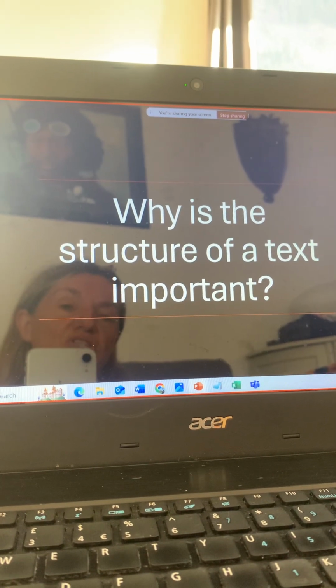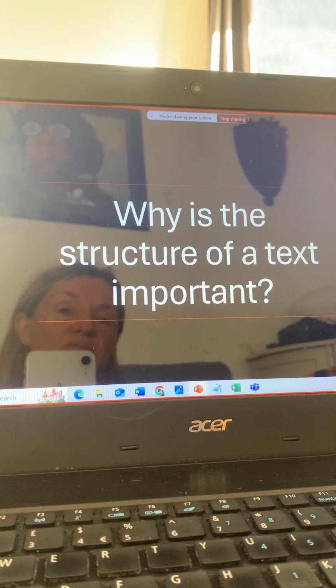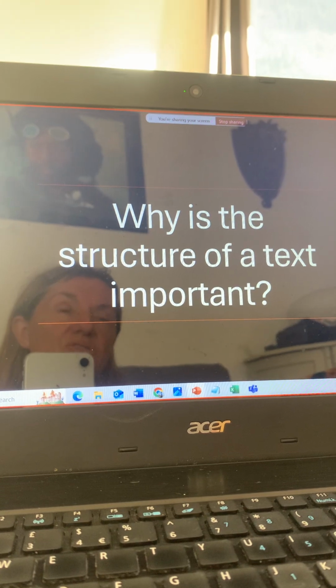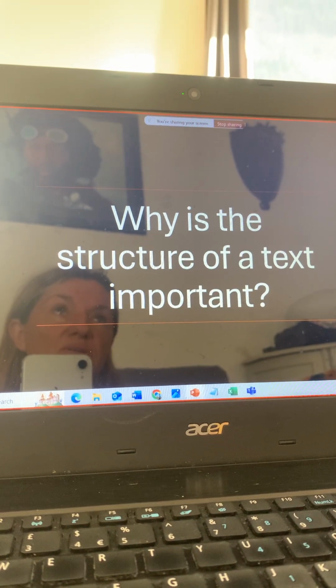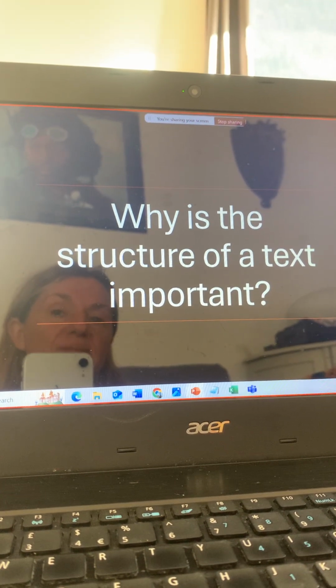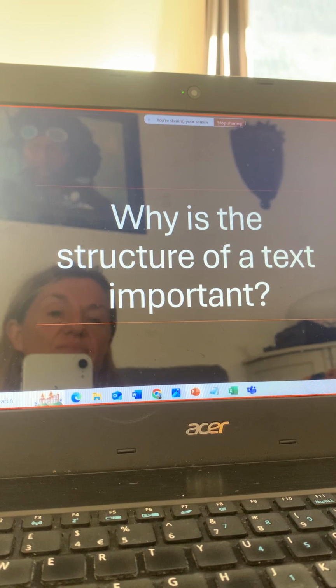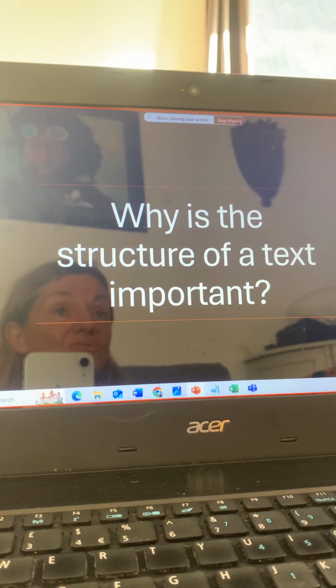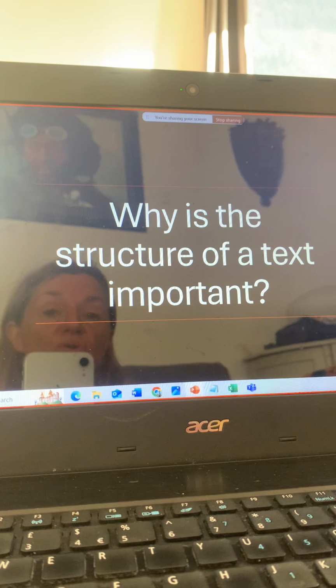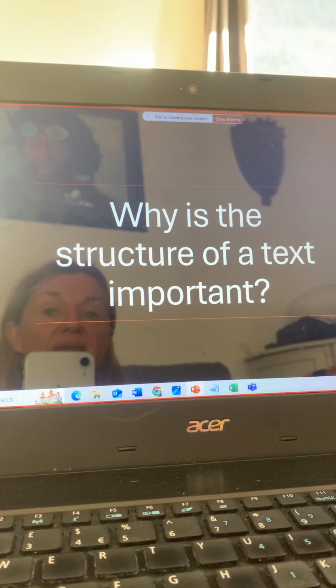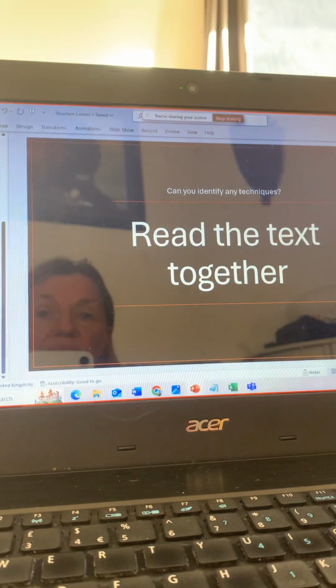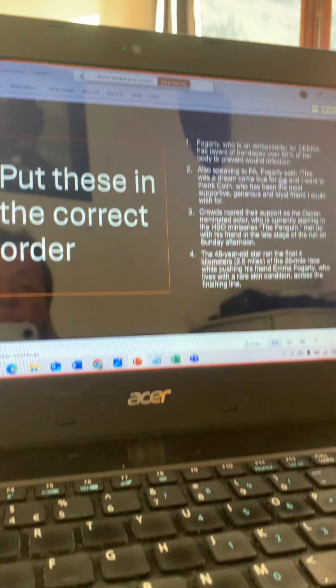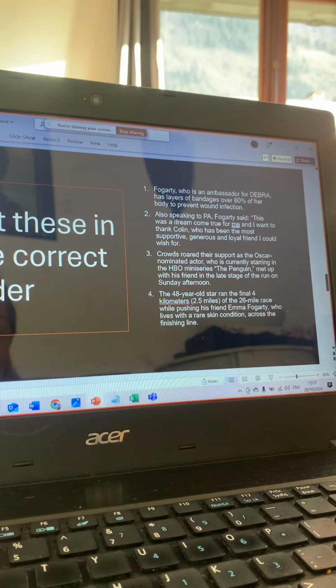why is the structure of a text so important? Has anyone got any ideas about that? Yes, that's really good. As we saw at the very beginning, when we looked at it all mixed up here, it doesn't really make any sense.